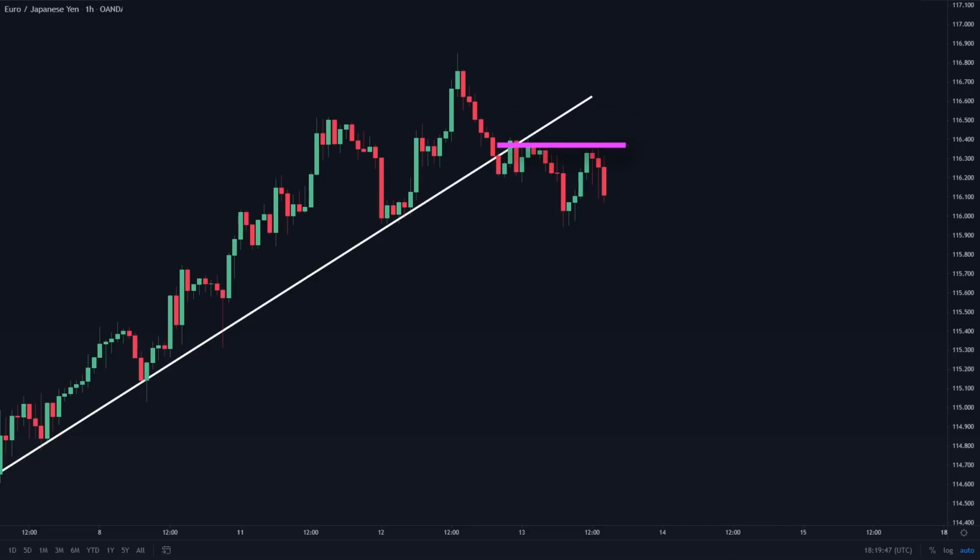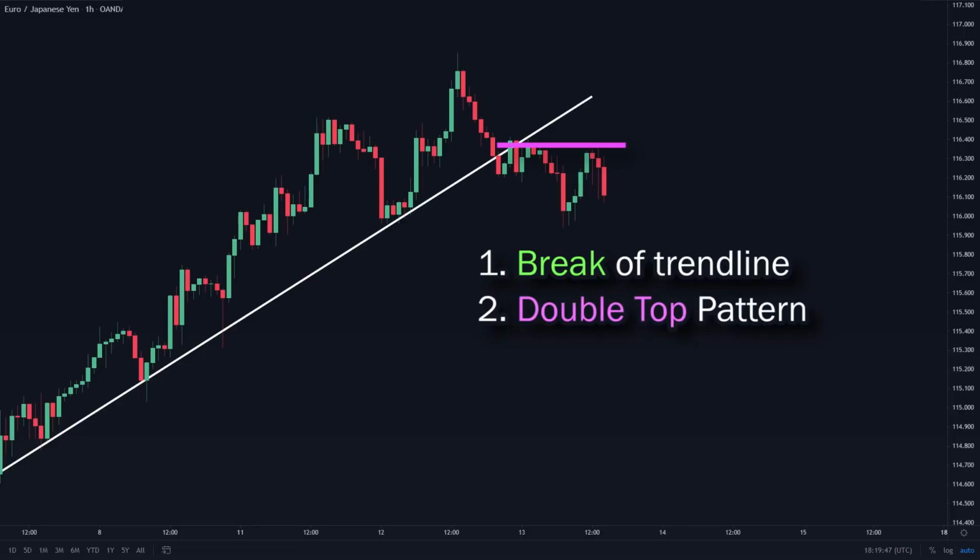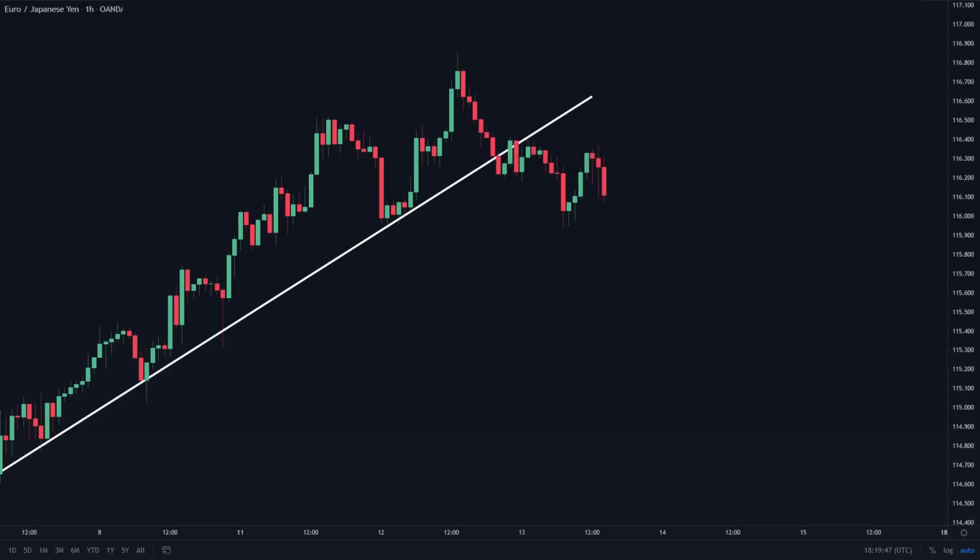So now, we already have multiple reversal signals. First, we saw a break of a trend line, which means the price broke the uptrend structure, and a double top pattern, indicating a loss of upwards momentum because buyers failed to push the price back up. So all these factors combined has led us to believe that the trend is going to reverse. And so this is a good opportunity to take a short position.